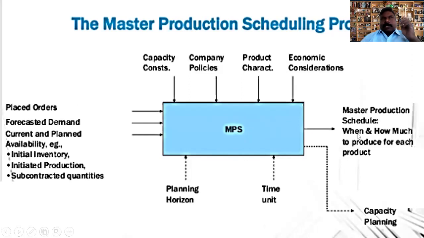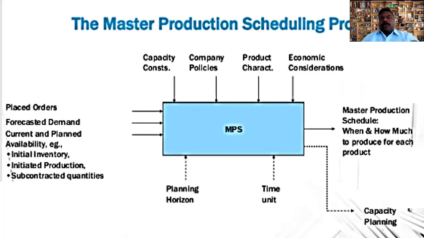It tells about when and how much to produce for each product. That is nothing but capacity planning. So once again, these are the inputs coming here. These are the influencing factors which may affect the master production schedule: company policies, capacity constraint, production characteristics, economic considerations, planning horizon, time.